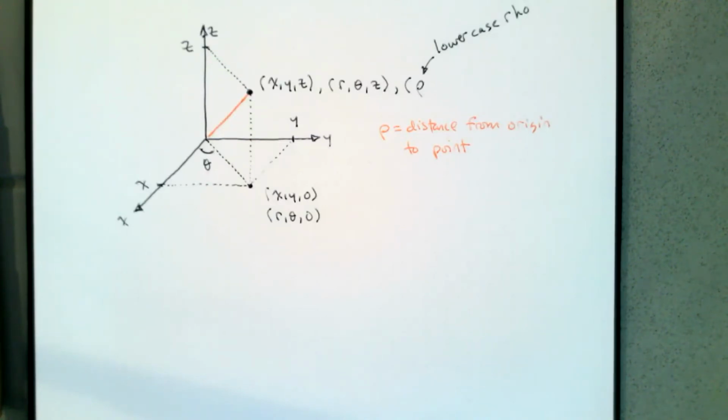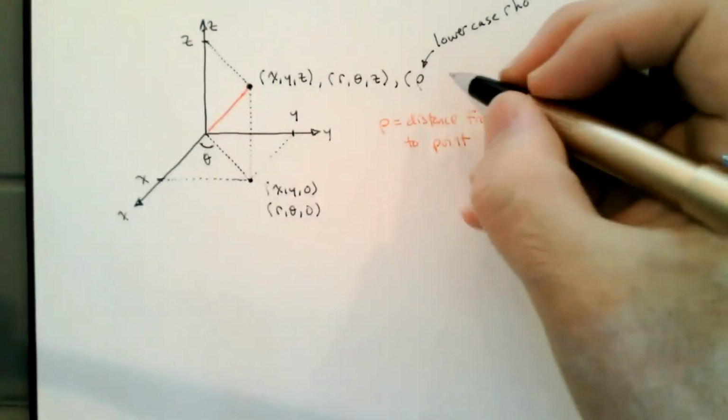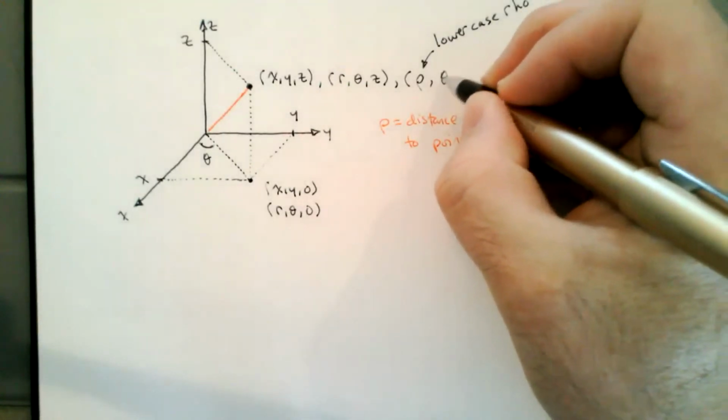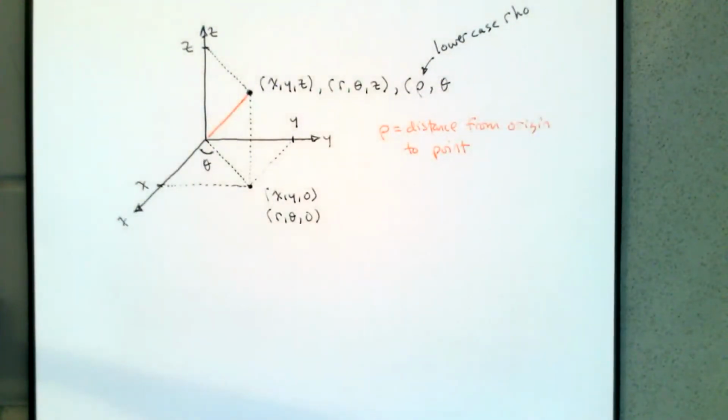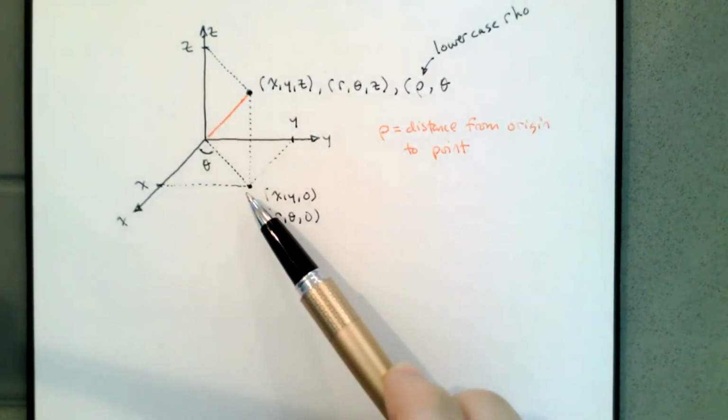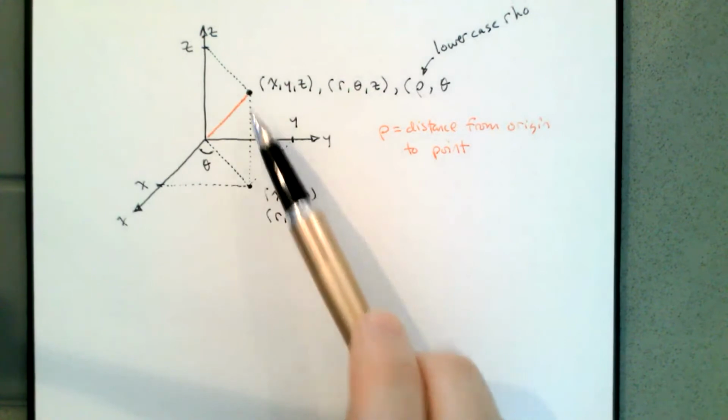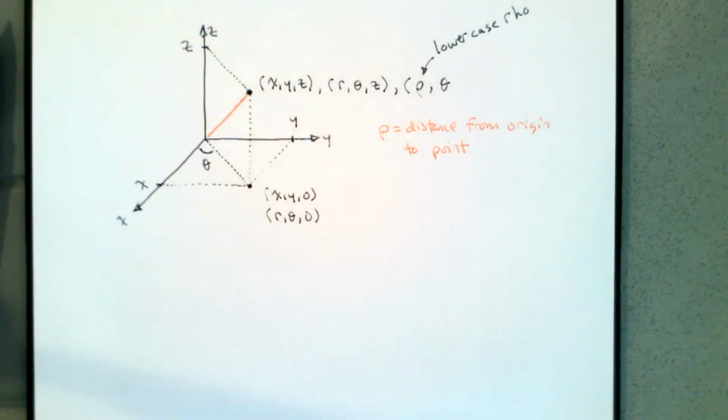Theta is going to be the same theta as in polar coordinates. That's why we get to use theta again. So it's the angle that we measure from the positive x-axis to the terminal side of the point directly underneath our point in R3 or above. And then we have another angle, phi, which is measured from the positive z-axis down to the point.